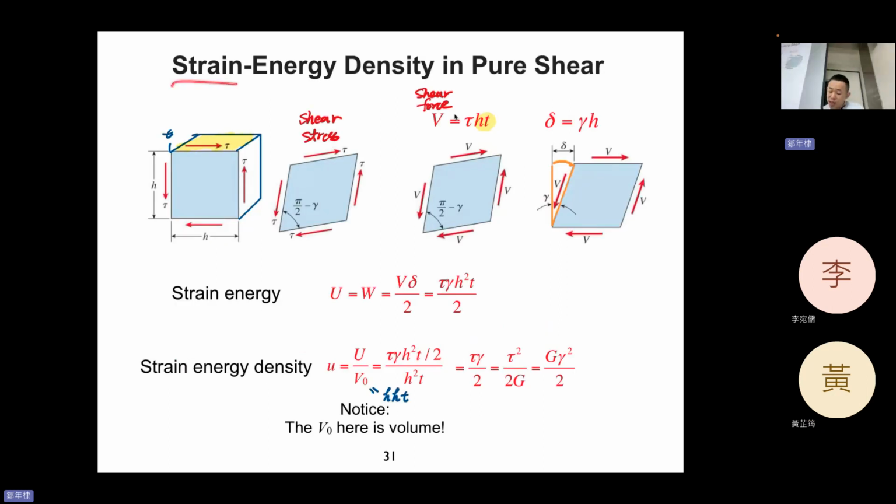And then strain energy density is really similar to what we learned in chapter 2: the strain energy density, small u, is shear stress times shear strain divided by 2.